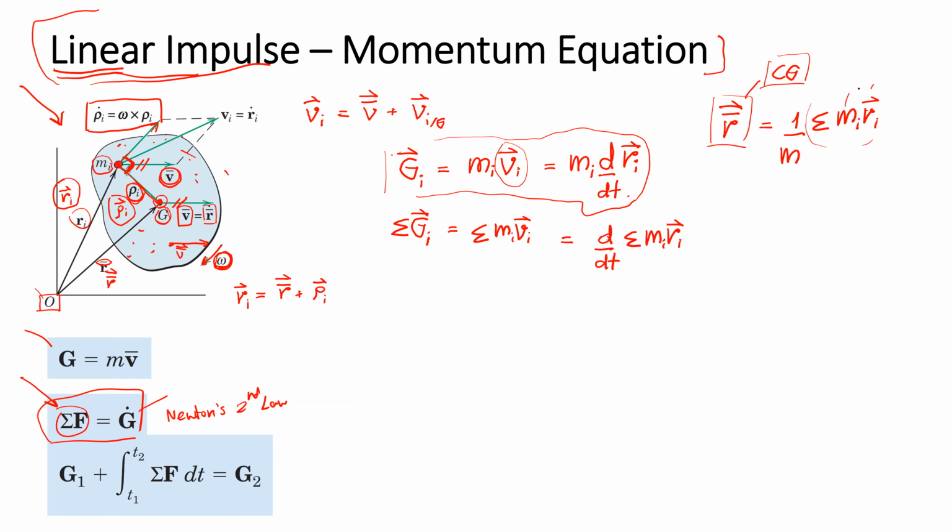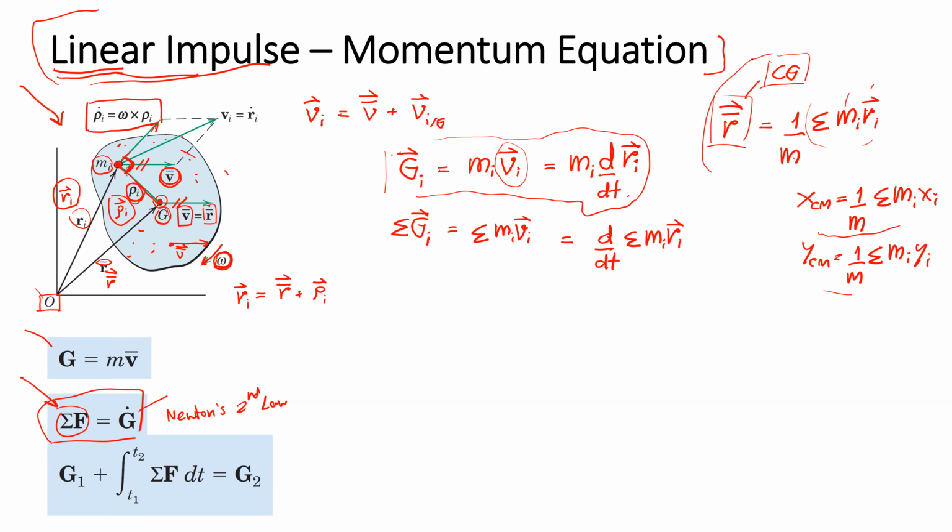When we divide by the total mass, we will have the r bar vector. You may be familiar with the form that the center of mass in the x direction is equal to 1 per total mass of summation mi xi, and ycm is equal to 1 per the total mass multiplied by the summation of the small mass mi yi. Here is the scalar form.